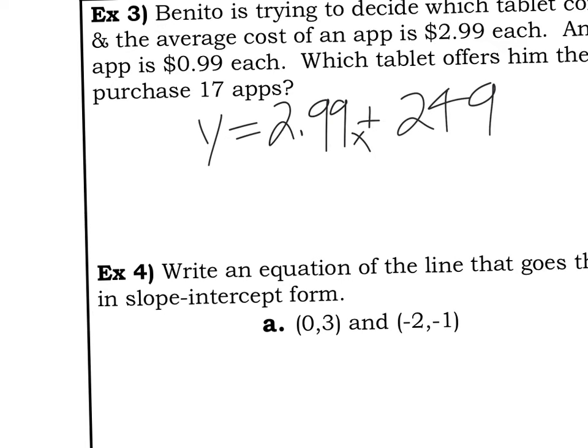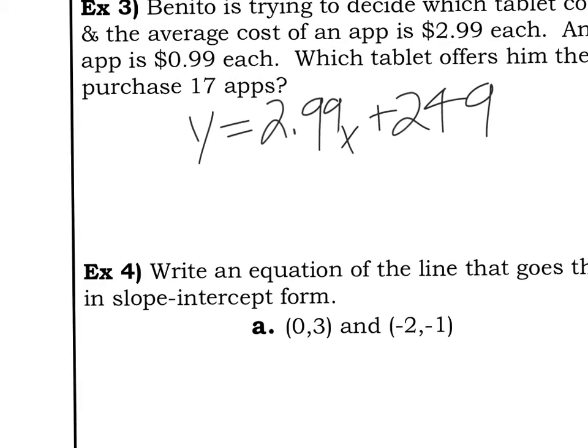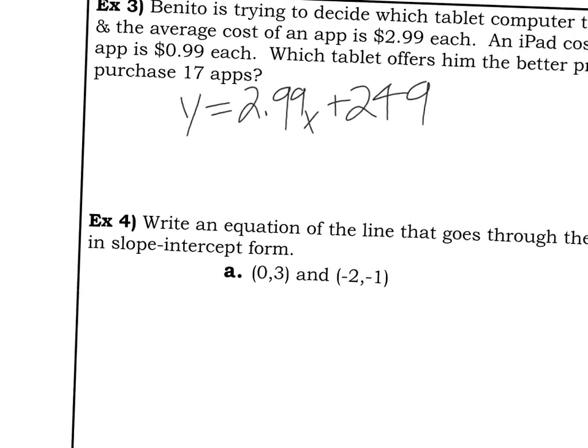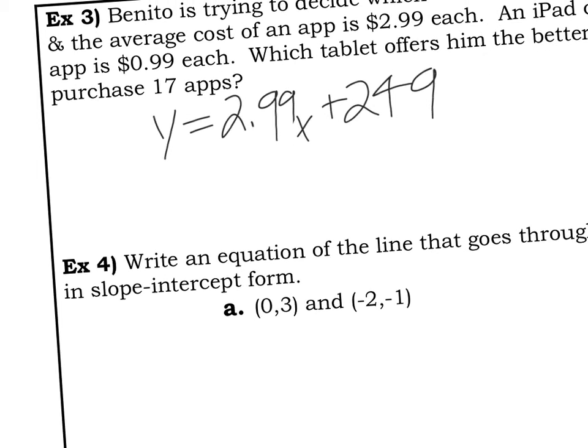It's very important that you remember to put the x by it. Otherwise, you're just typing into the calculator $2.99 plus $249, and it'll just tell you $251.99.